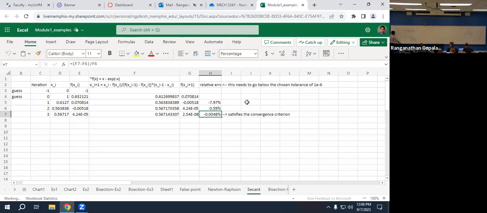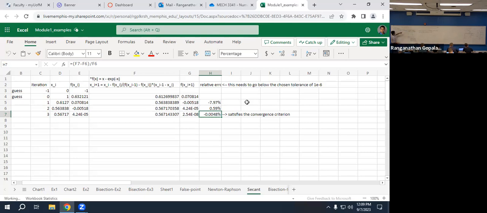So I'm adding some remarks here, okay? So for secant method, I'm going to rewrite this: could diverge if an intermediate value falls out of the range containing the root.